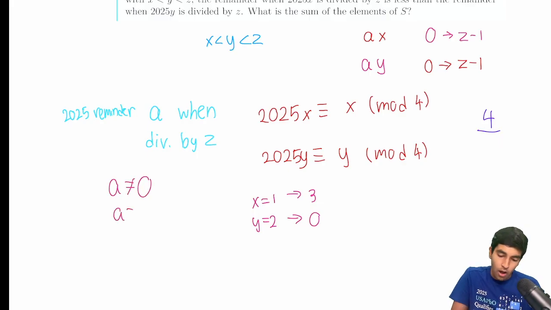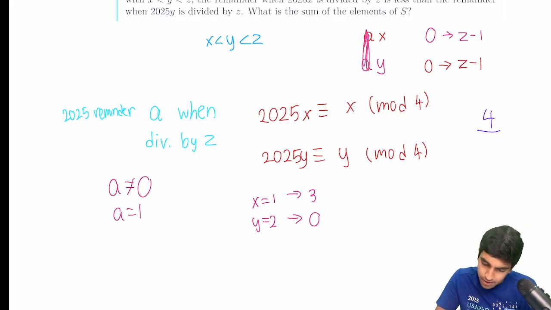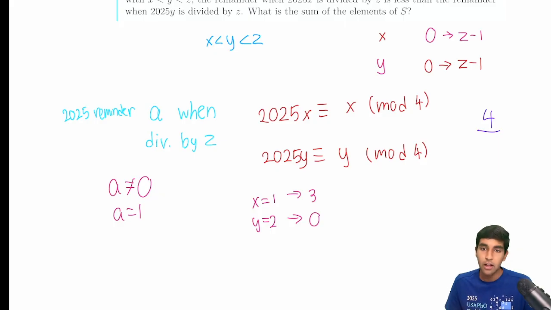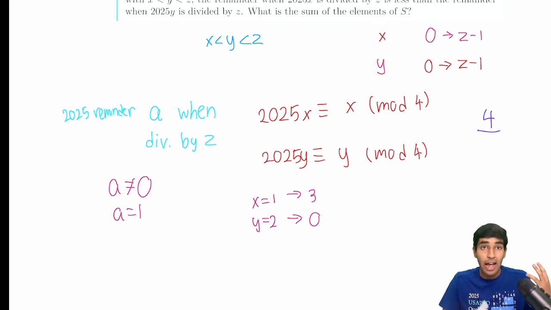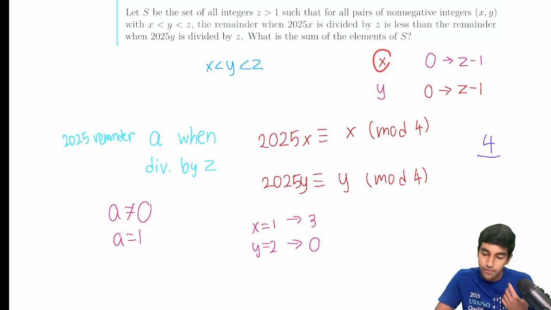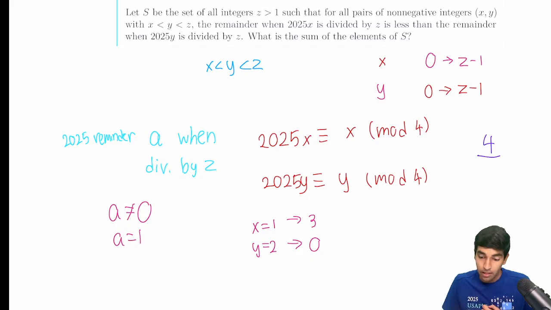What about a equals 1? Then the remainders are just x and y themselves. So of course, 2025x and 2025y will have remainders of x and y, and if x is less than y, the remainder of 2025x will be less than the remainder of 2025y when divided by z.